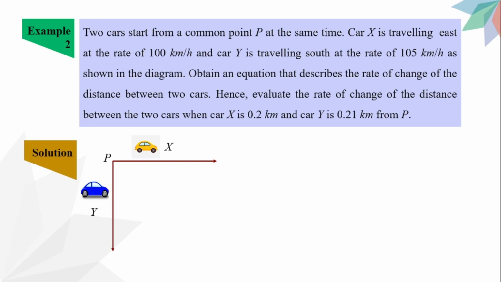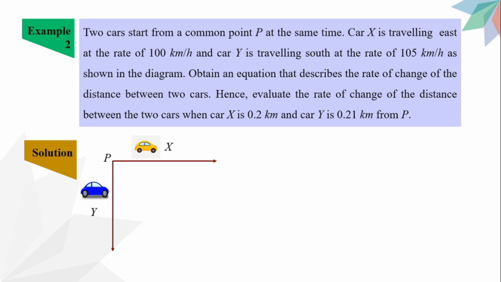Now, we will proceed with the second example. Read the question and try to extract the information. Two cars start from a common point P at the same time. Car X is travelling east at the rate of 100 km per hour and car Y is travelling south at the rate of 105 km per hour as shown in the diagram.